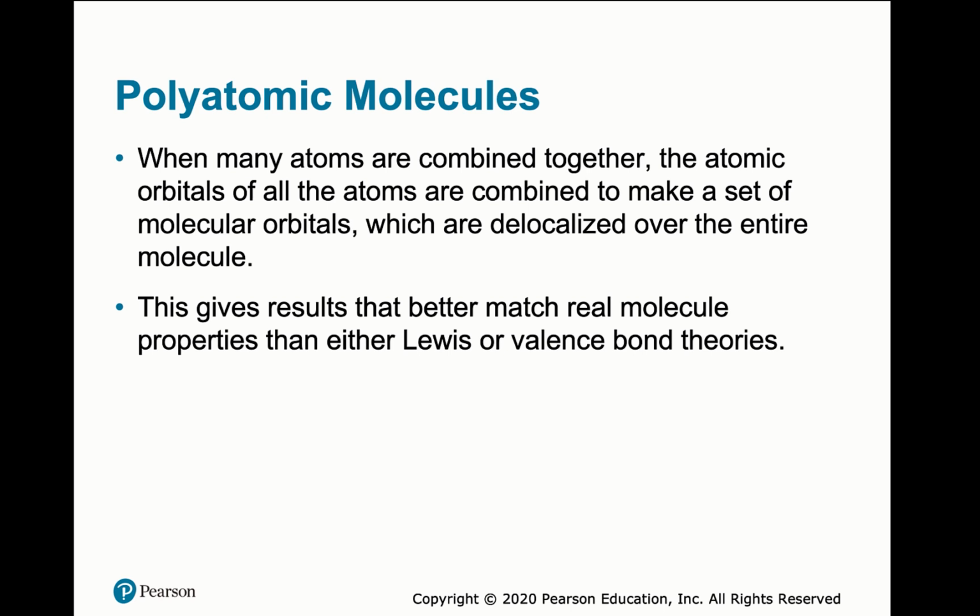So polyatomic means many atoms. It was easier when you just have two. Now we have three or more, and we have a delocalization of electron density along an entire molecule. And these properties from molecular orbital theory match the real molecule properties better than Lewis or valence bond theory.